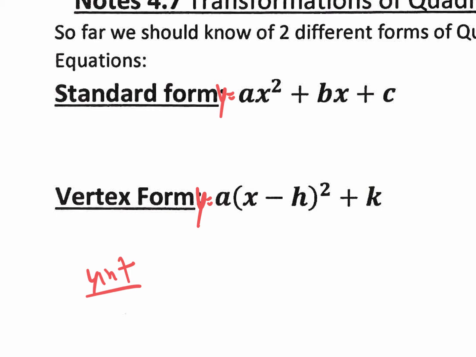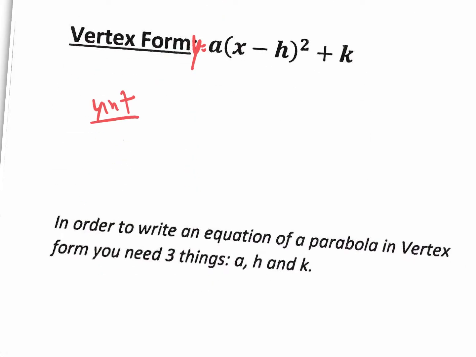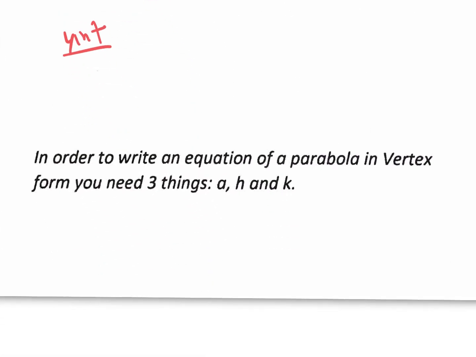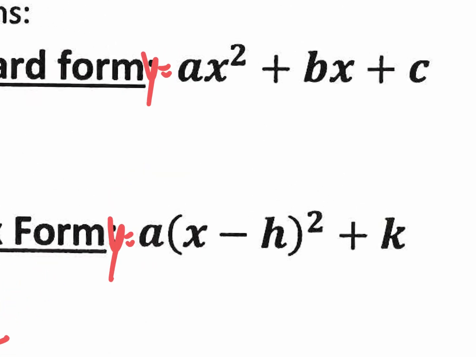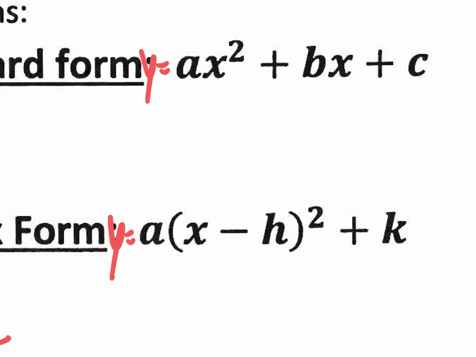To write a vertex form equation, when they give you a standard form equation, in reality, all you need is 3 things: the a value, the h value, and the k value, right? If you have the a, the h, and the k, you'll be able to write it in vertex form. If I do give you a standard form equation, will you be able to identify the a value?